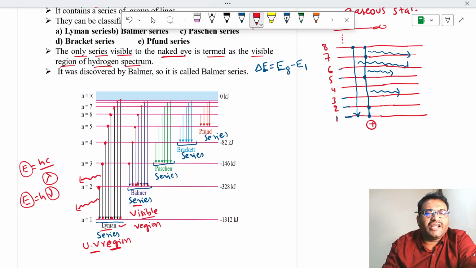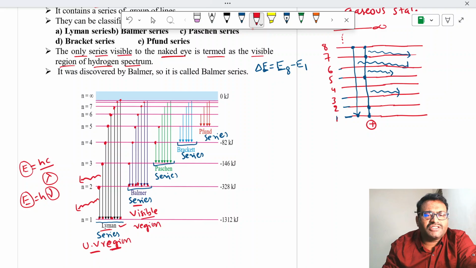In the same way, when electrons de-excite from a higher energy level directly to the third energy level, they later move to the first energy level. So 3 to 2 is found in the Balmer series, and 2 to 1 is found in the Lyman series.